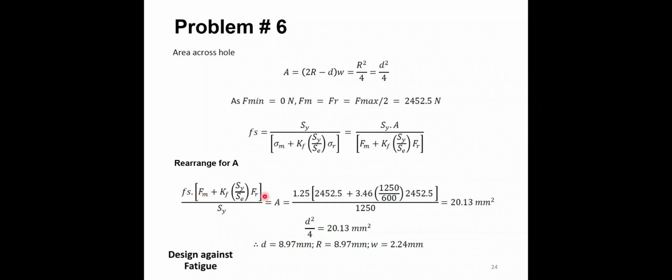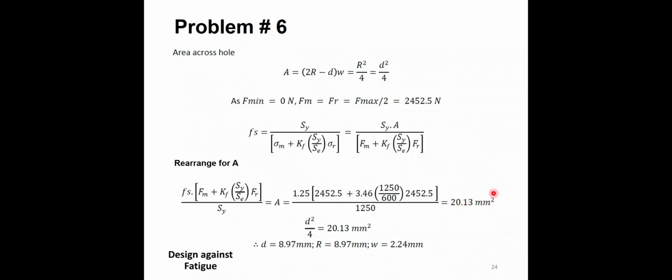The mean and the reversed forces are the same. It's 2.5. Then K_F was given in the problem, 3.46, and the yield strength of the material and the endurance strength are given. Then simply this becomes 20.30 millimeters squared.